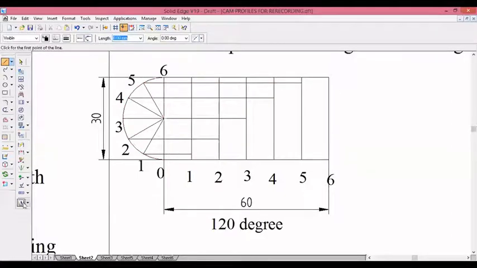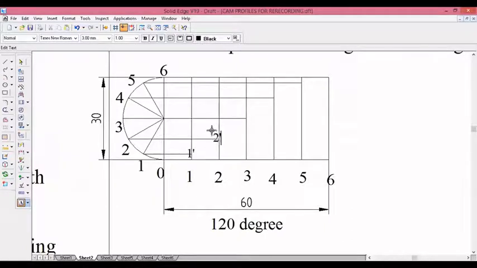So the intersection gives us 1 dash, this is 2 dash, this is 3 dash, 4 dash, 5 dash, and finally 6 dash.